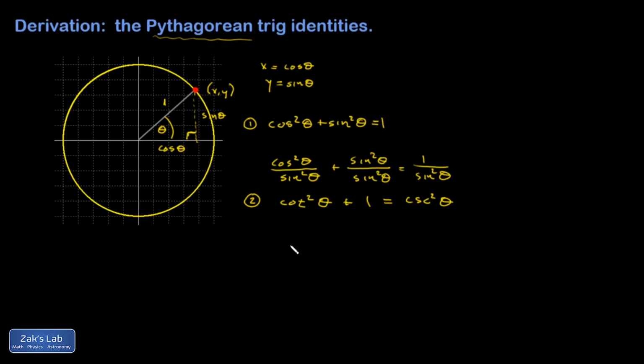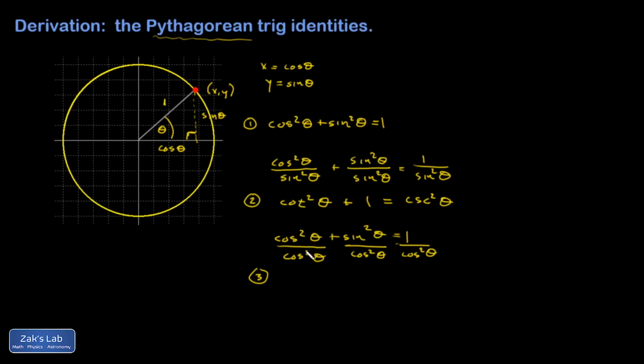Finally, I can just decide to go the other way and take my original Pythagorean identity and divide by the square of the cosine function instead. And we're just doing the same process.